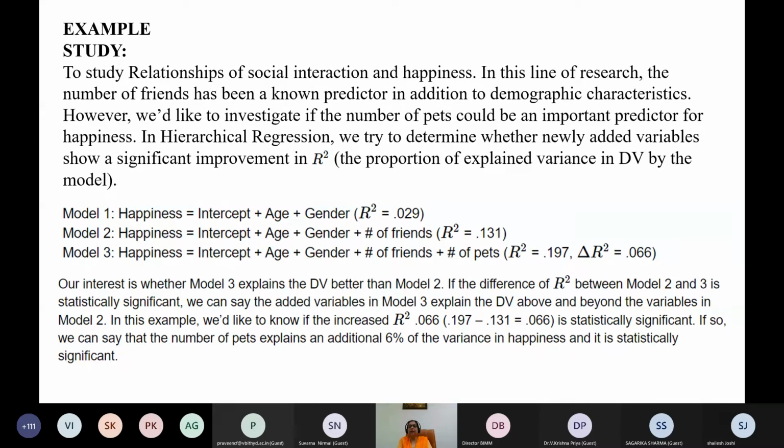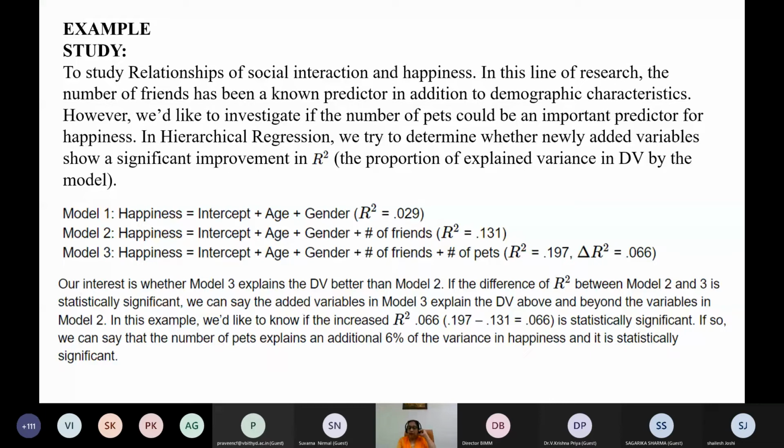That is the reason they need people around, people with whom they can feel affinity. So the more friends you have, the value of R square increases from 0.029 to 0.131.